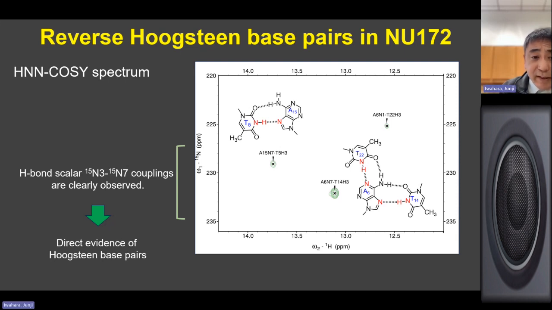So this represents direct evidence of Hoogsteen base pairs, because usually N7 does not show this kind of coupling.